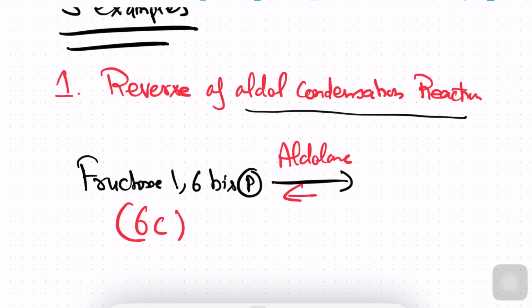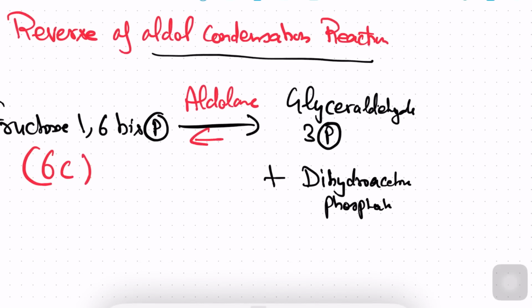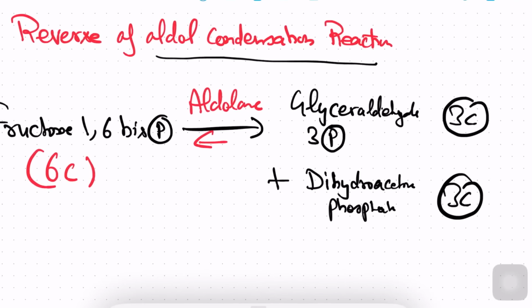So you are going to see formation of glyceraldehyde 3-phosphate plus dihydroxyacetone phosphate. Now here, this is going to have 3 carbon, and this is also going to have 3 carbon. So there is a cleavage.